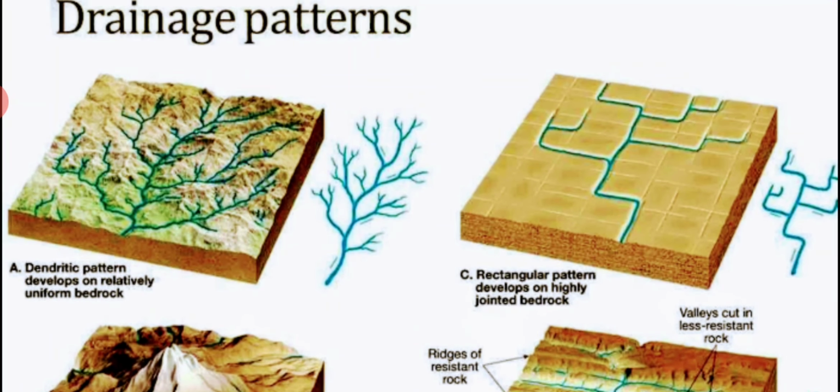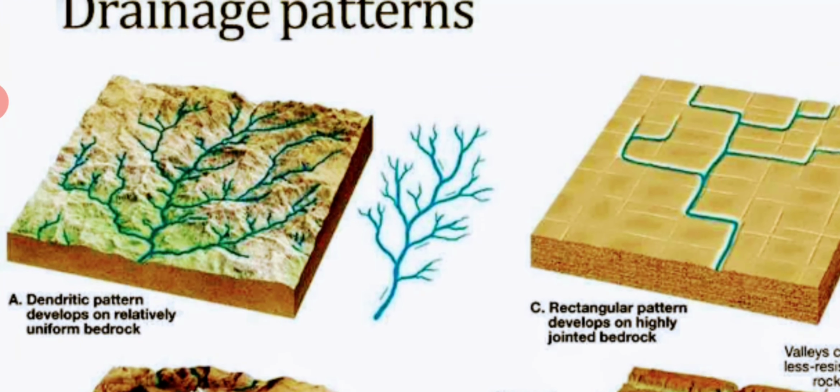The first pattern, which is very important for all of us, is the dendritic pattern. Dendrite is a word which comes from the Greek language and means tree. So the structure formed by a river and its tributaries, which appears like a tree structure, is called a dendritic pattern.